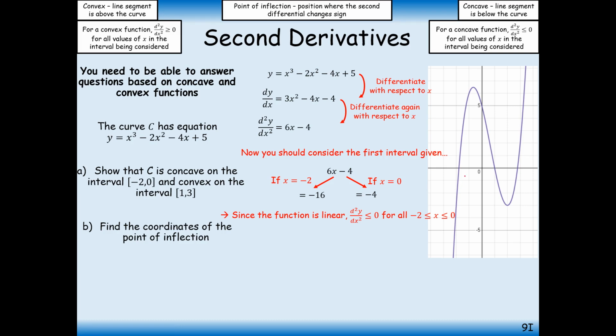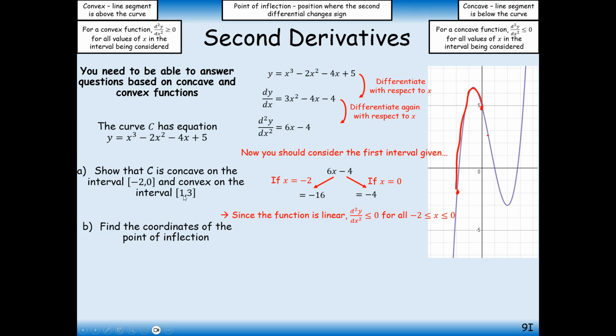So basically, somewhere between -2 and 0, from this part of the graph to this part, it's definitely a concave graph.